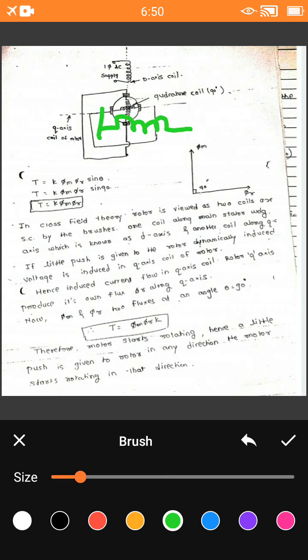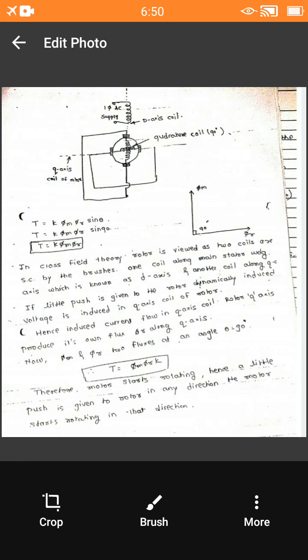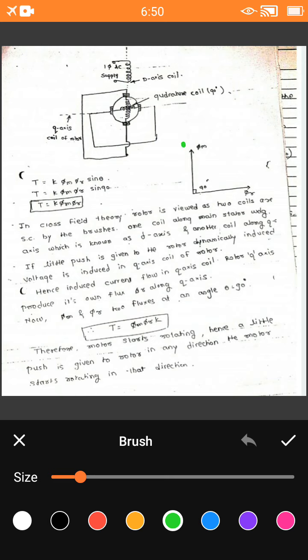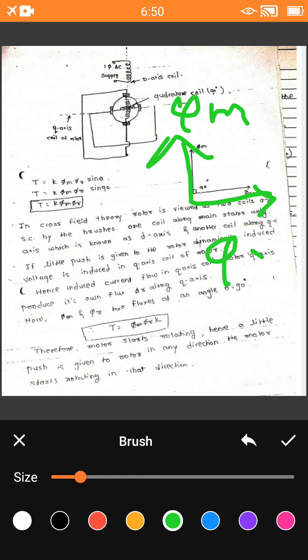This is the quadrature axis coil, the Q axis coil. These two coils are 90 degrees apart from each other. This representation is shown by the phasor diagram: the main flux phi m and the flux phi r are displaced by 90 degrees electrical from each other.